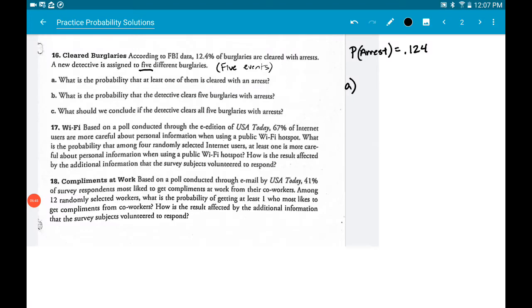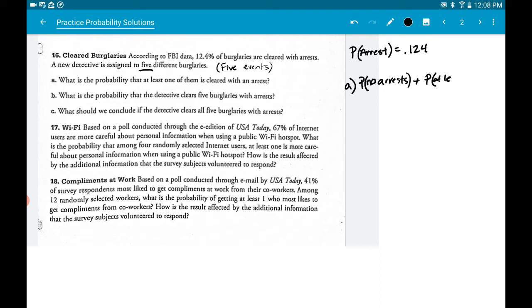But I want to remind you of the fact that the probability of no arrests plus the probability of 1 arrest plus 2 arrests plus 3 and so on, so all the combinations would add to 100%.